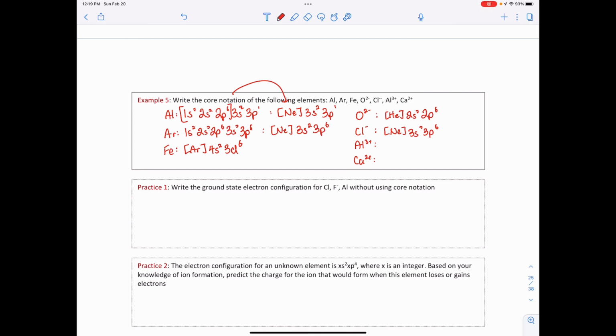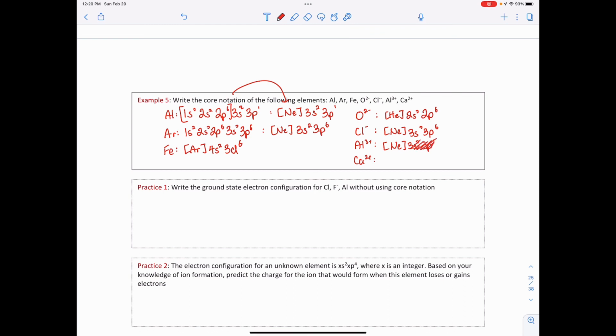Okay, aluminum, you're going to remove electrons. So let's start off from neon. Usually this would be 3s2, 3p1. But you're removing electrons, so these are gone.